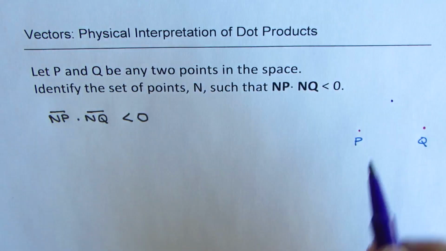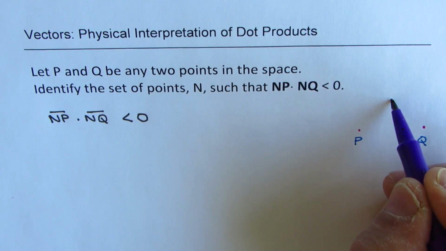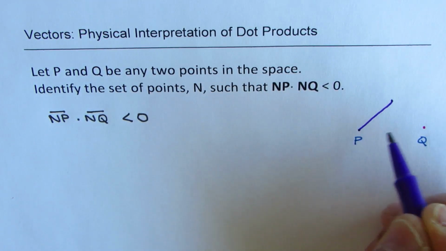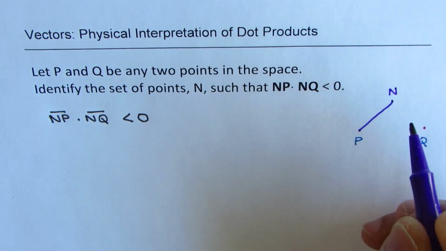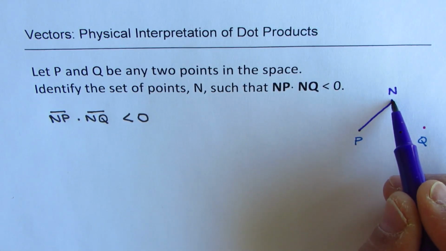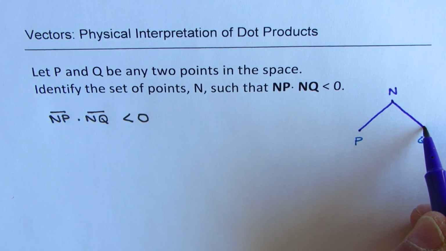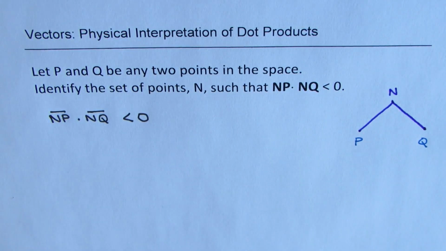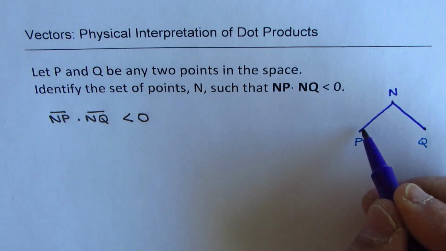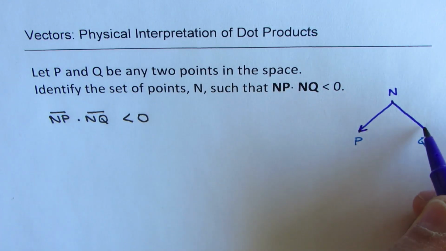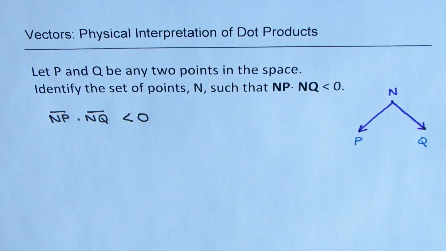If I join N with P, we get NP. And if I join N with Q, I get NQ, right? Now these are my vectors NP and NQ.